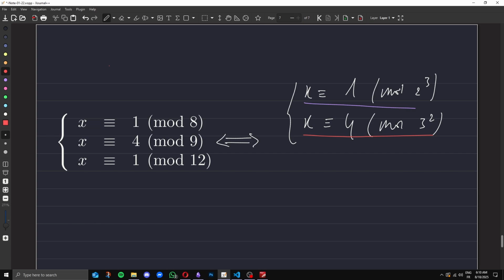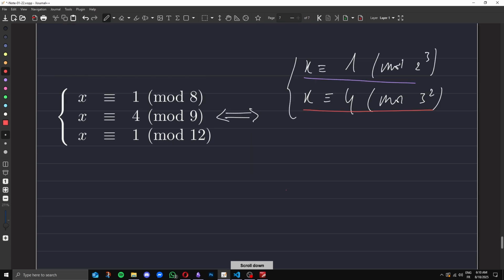And now we can just do the same things we mentioned in the video before. Now the solution is again unique when taken modulo m, but not equal to the product of the m_i. Because remember, the m_i are the original sequence of moduli, which are not pairwise coprime. Instead, it is equal to the LCM of m1, m2, and so on until mk. All right, that makes sense, right?